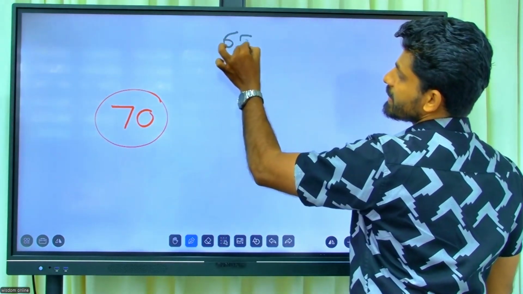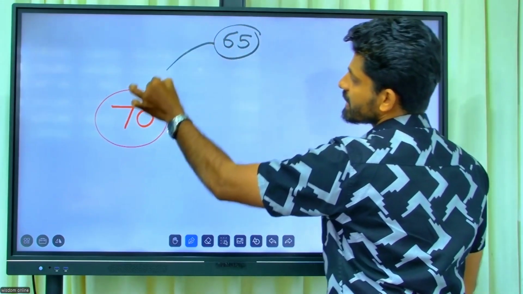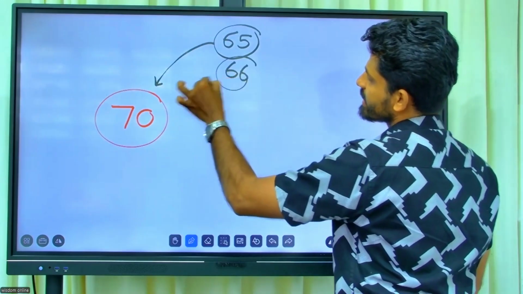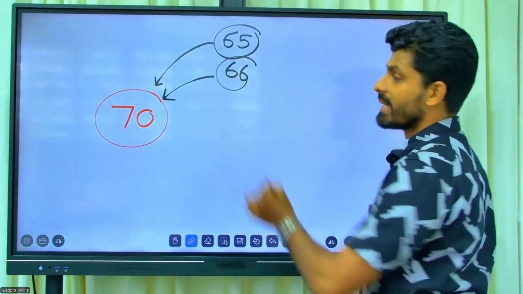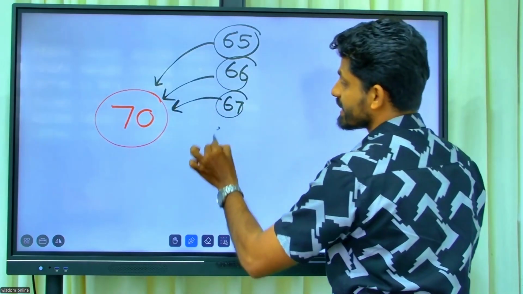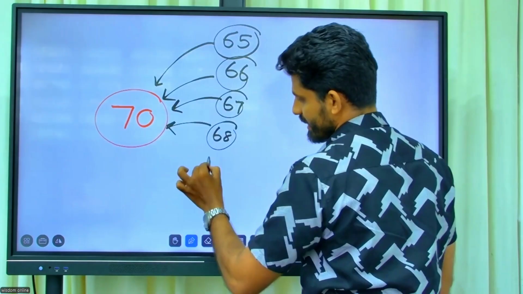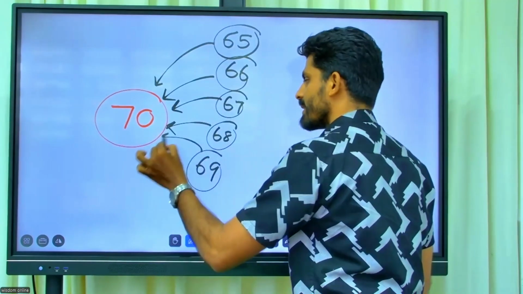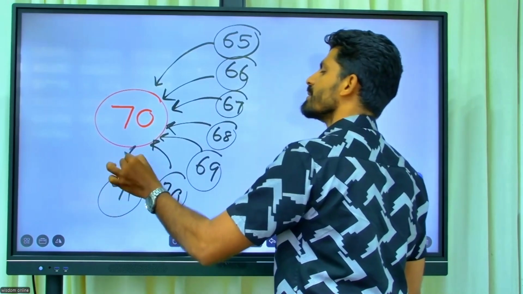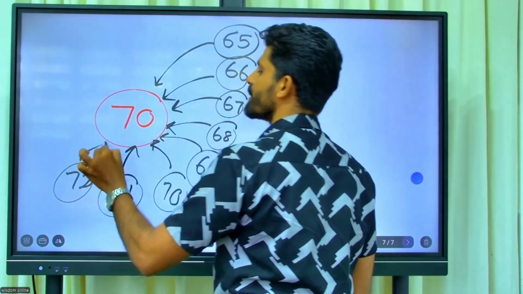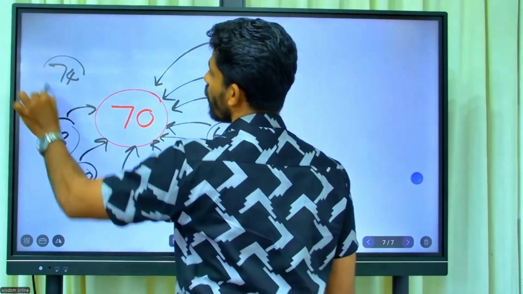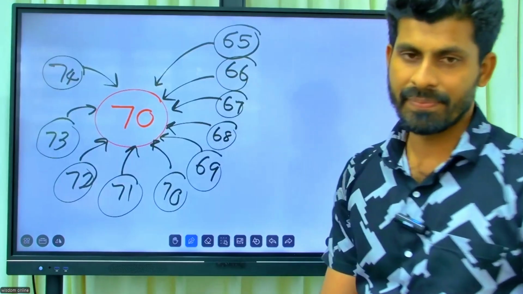Just consider 65. When you round off 65 to the nearest 10, 70. 66, 70. 67, 70. 68, 70. 69, 70. 70 also, 70. 71 also, 70. 72 also, 70. 73 also, 70. 74 also, 70.